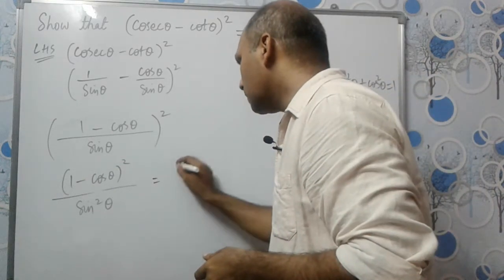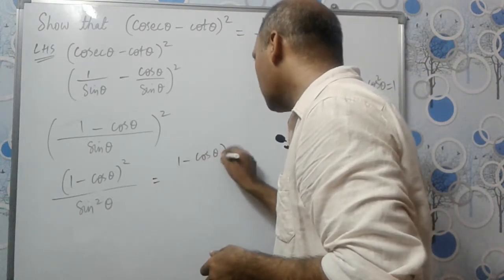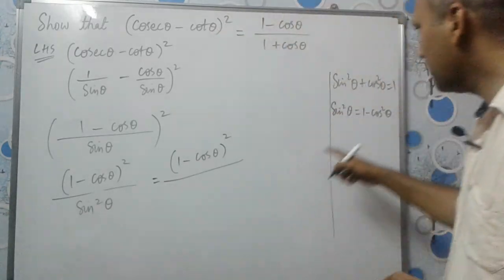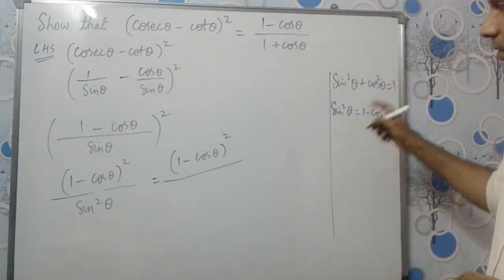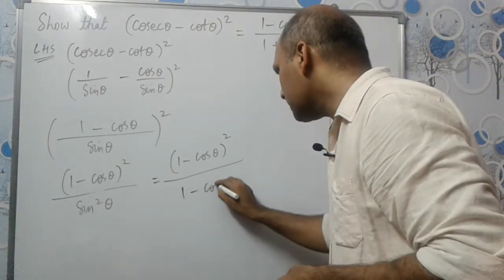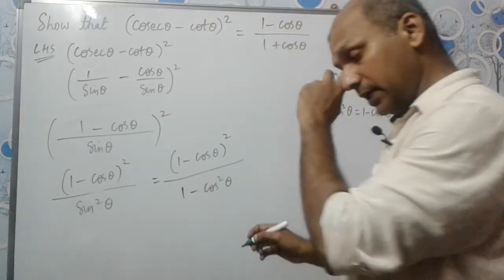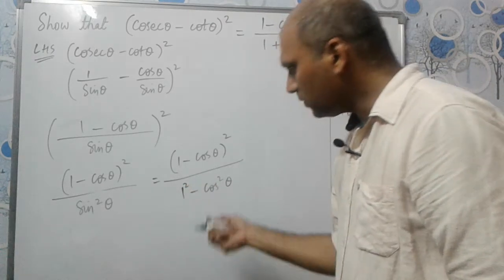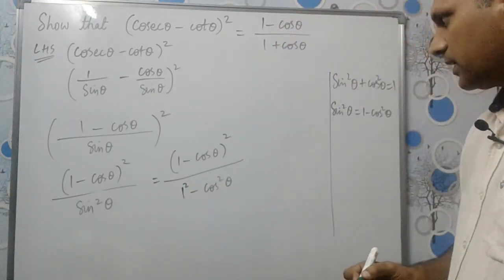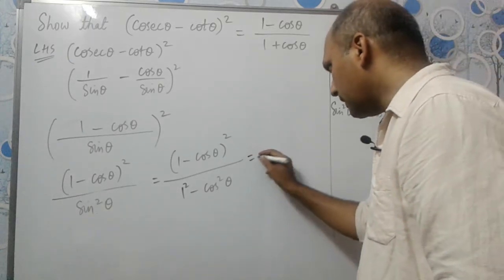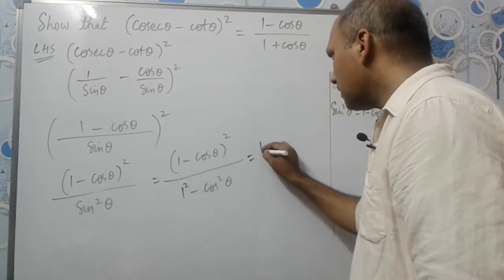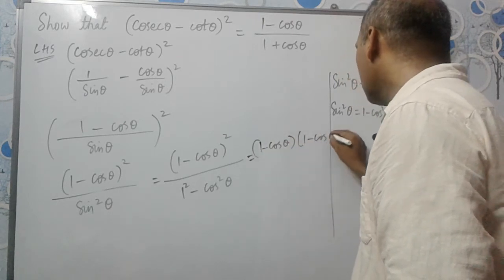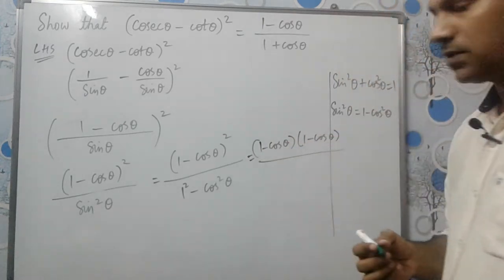So this will be equal to (1 minus cos theta) whole square divided by sine square theta. In place of sine square theta, I'll write 1 minus cos square theta. This 1 minus cos square theta, I can write as 1 square minus cos square theta, since 1 square is 1 only. Since the numerator is squared, we can write it as 1 minus cos multiplied by 1 minus cos.